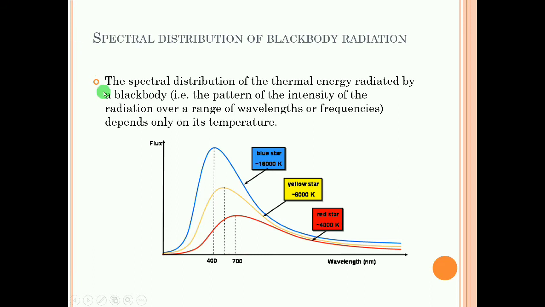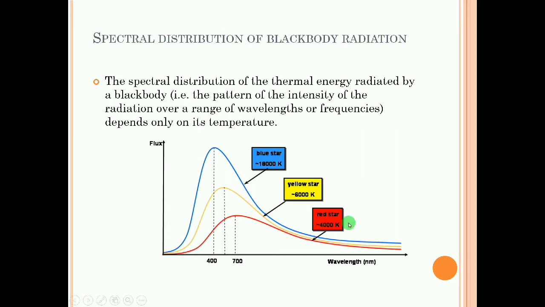Now, the spectral distribution of thermal energy radiated by a black body depends upon its temperature. When we draw intensity of radiation versus wavelength at a given constant temperature, we observe the variation of intensity of radiation with wavelength.